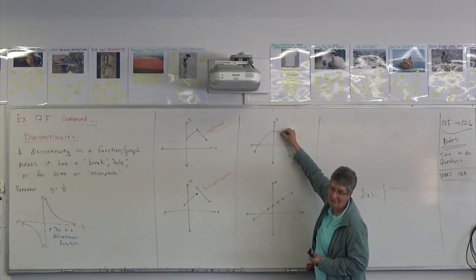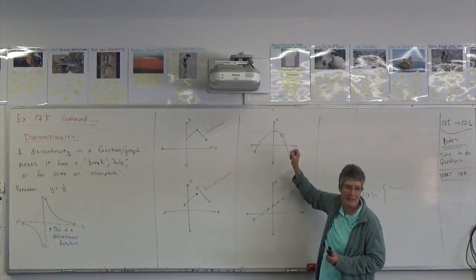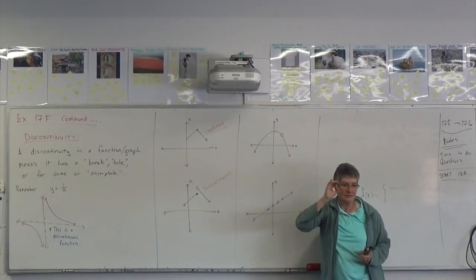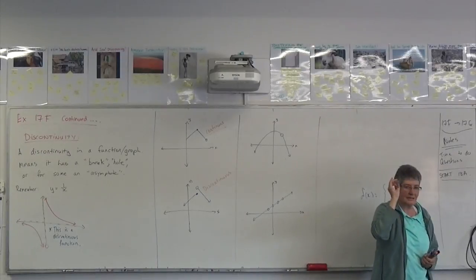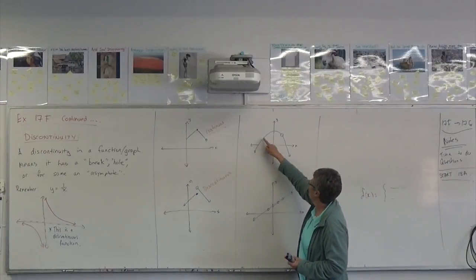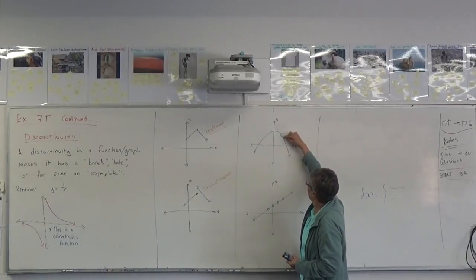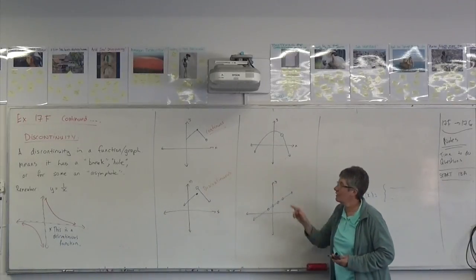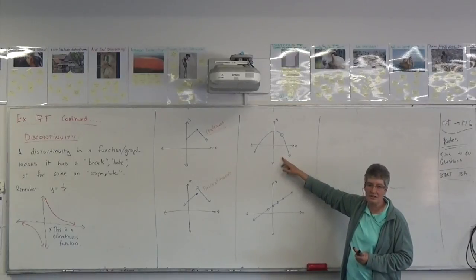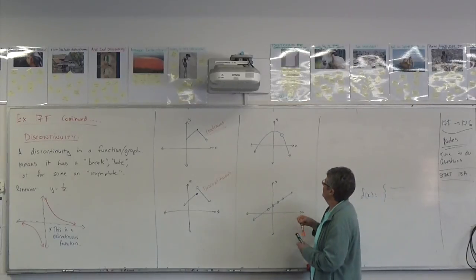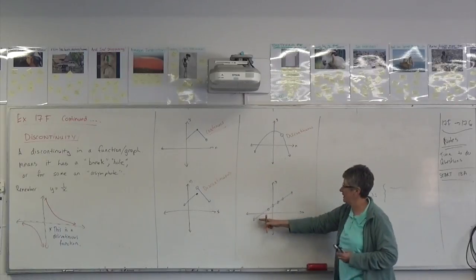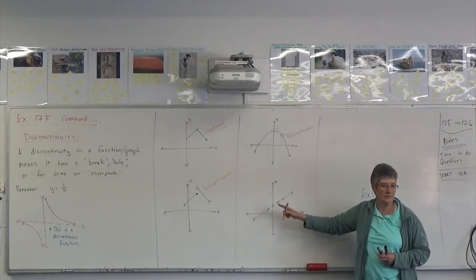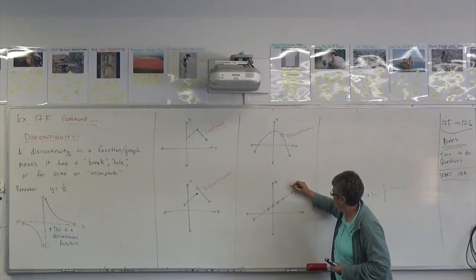Officially I could draw that circle and then go back, but that symbol, that hole in the graph, means it can't be at that point. Does that make sense? So if I was going on my graph, my curve, I've got to go from there, I've got to lift it off and then go to there. So, continuous or discontinuous? And obviously this one, it's got a lot of holes in it, so it's discontinuous.